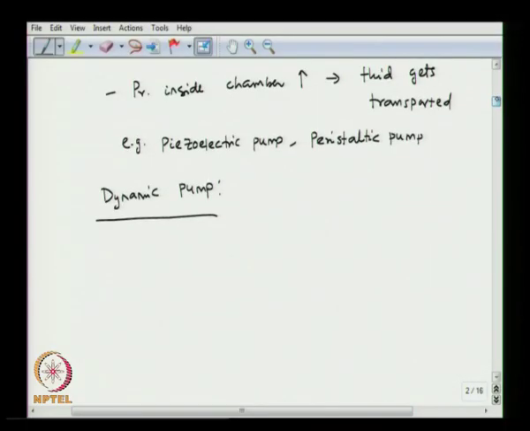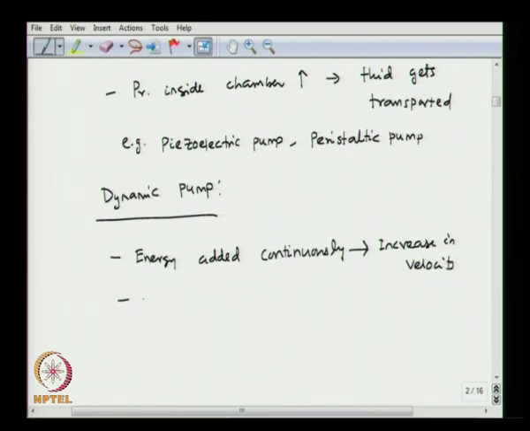Okay. So in dynamic pumps, energy is added continuously, and so that continuous addition of energy gives rise to an increase in velocity. Okay.